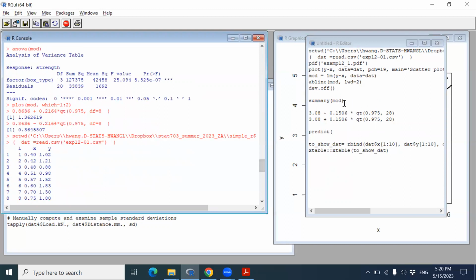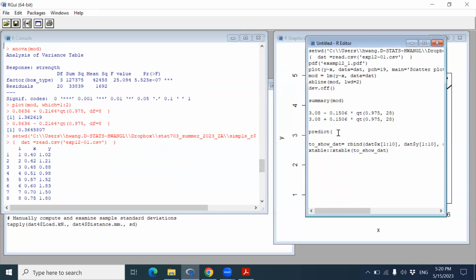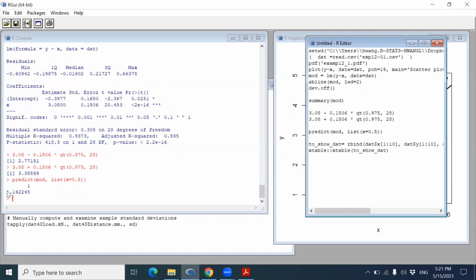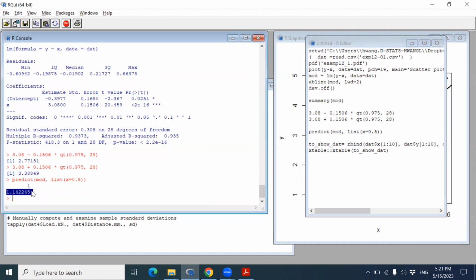Then what you can do is predict, put the model here, and you put list x equals a value, 1.5, so we put it here. Why do I put a list here? Because originally, when we fit the model, we have x there. So if we do not specify it, it will not know what it is. So we run this one, and it'll give us the predicted value. This predicted value is the mu hat.